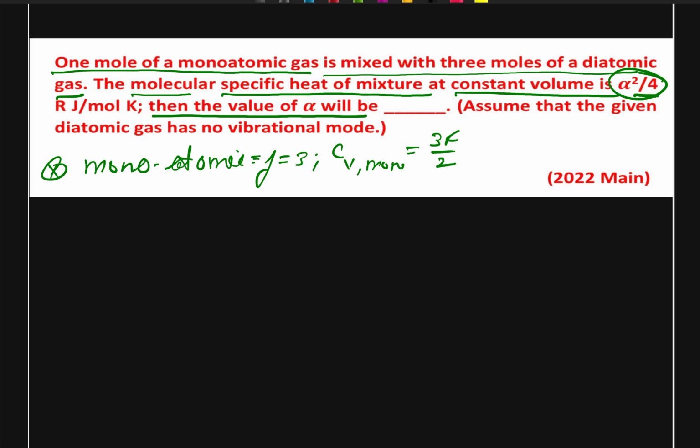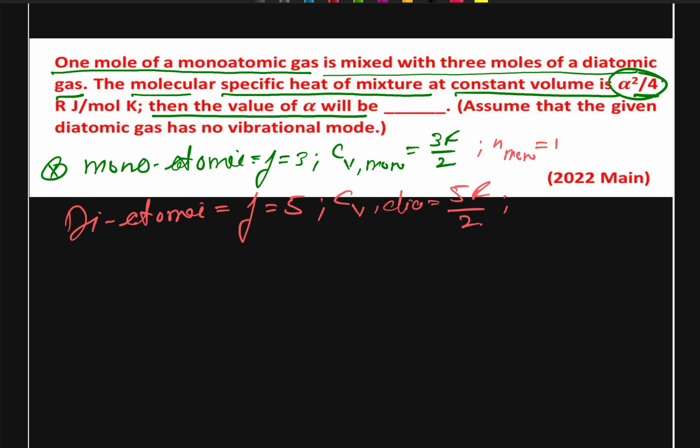Therefore we can say we have our diatomic and its degree of freedom, that is F, will be equal to 5. So we can say our C of V of dia is equal to 5R upon 2. And number of moles for our mono is given as 1, and number of moles for our dia is given as 3.